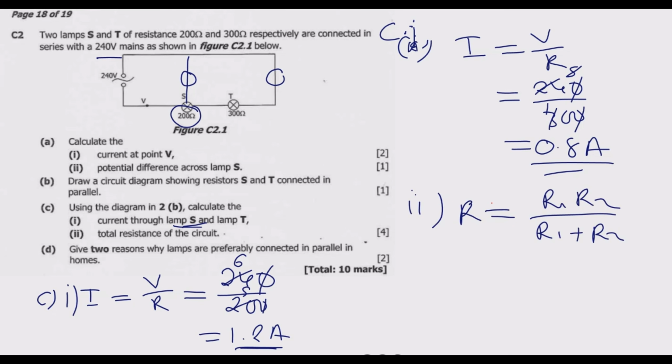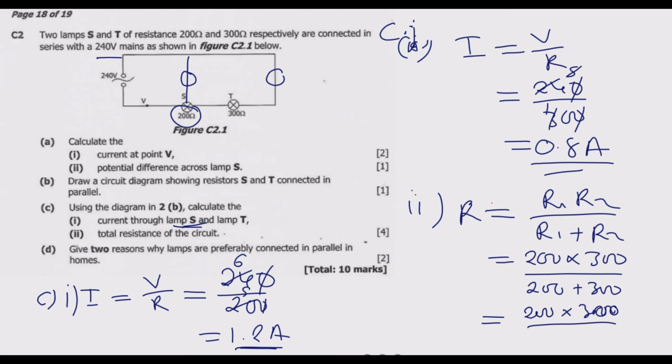That's 200 multiplied by 300 over 200 plus 300. Rather not find this big number, 300 multiplied by 200 over, we add this to it will be 500.